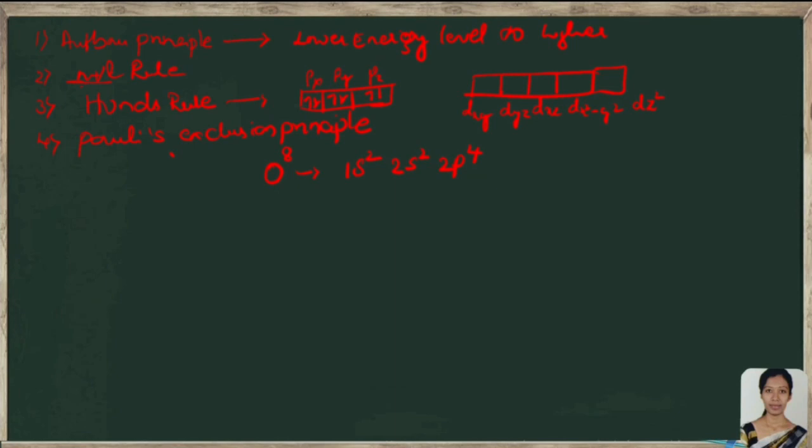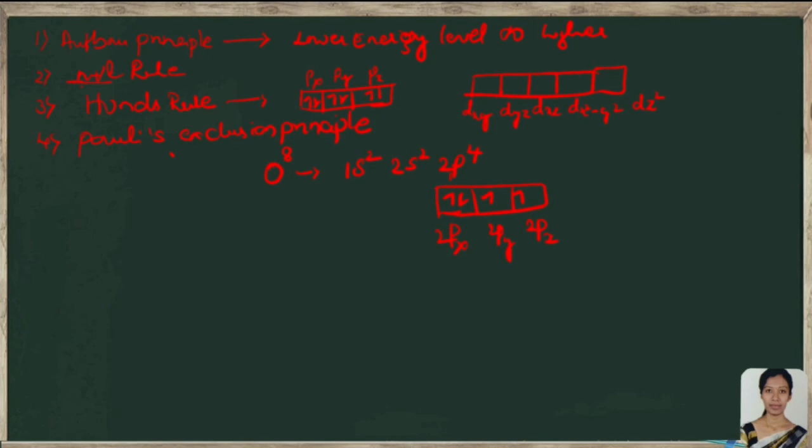While filling, the p orbital is having 3 degenerate subshells, which is 2px, 2py, 2pz. While filling these 4 electrons, you need to fill 1 electron in each orbital like this. The fourth electron will be paired with the first electron. Like this you need to fill.